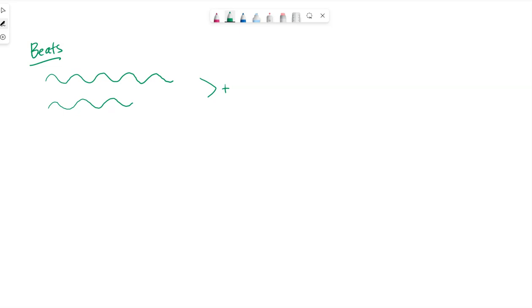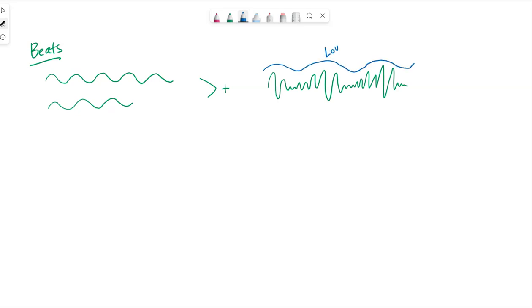So as I add the waves together, they're going to be in phase a little bit and out of phase, and in phase, out of phase, in phase, out of phase. And so we get this overall envelope of loud versus soft, loud, soft.